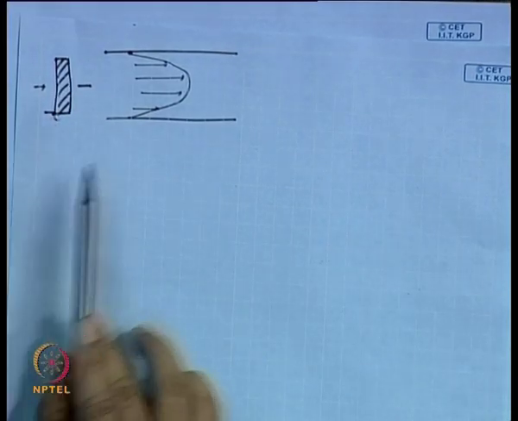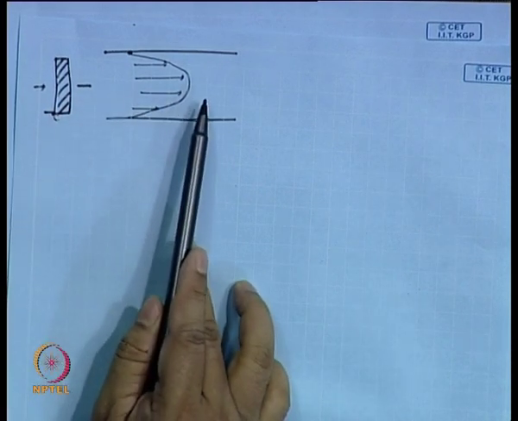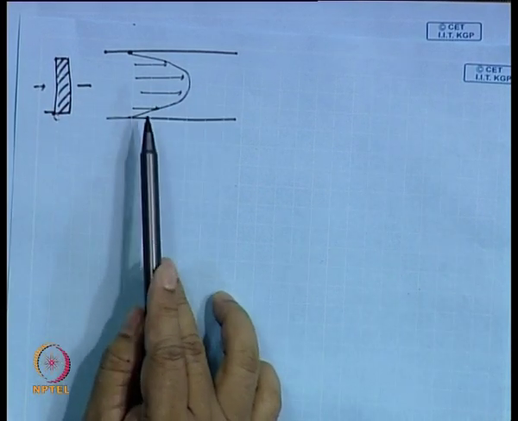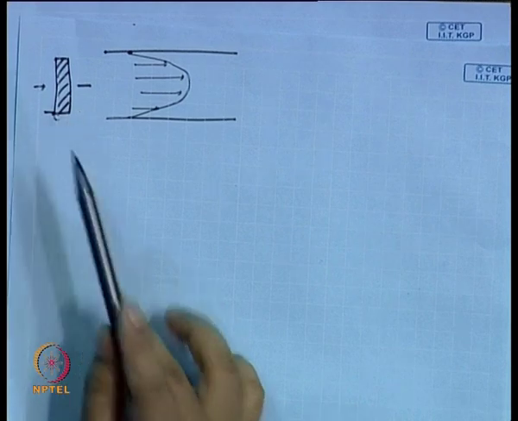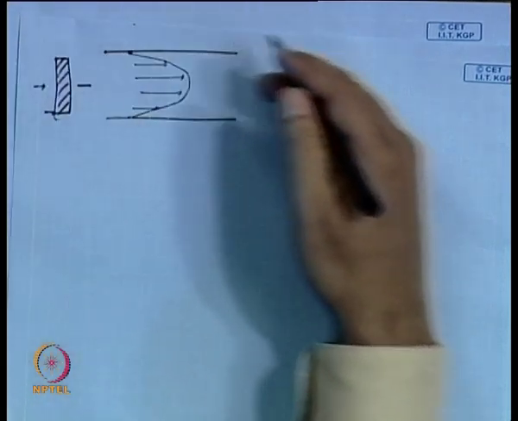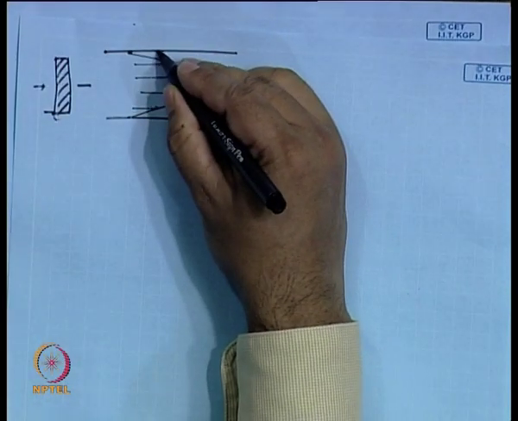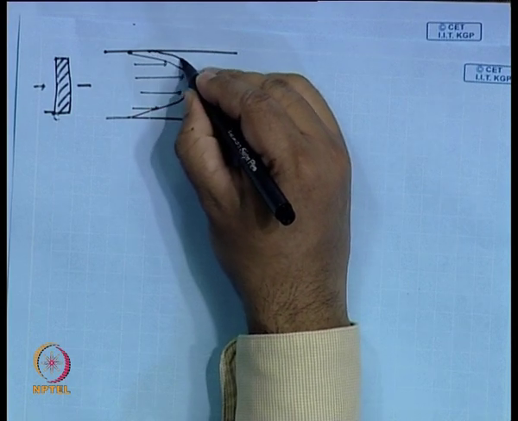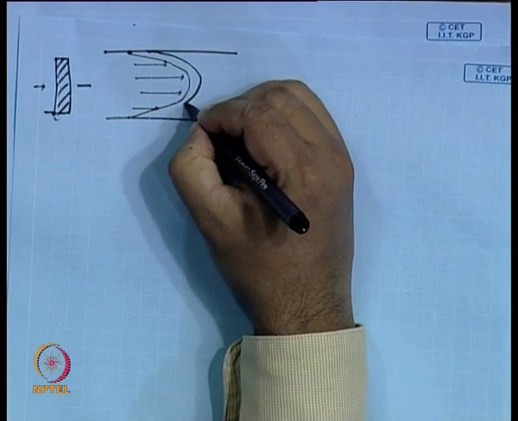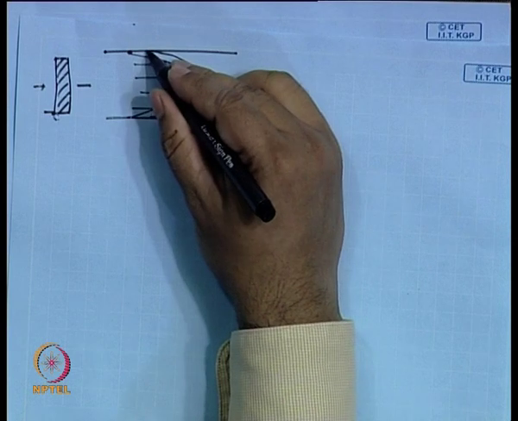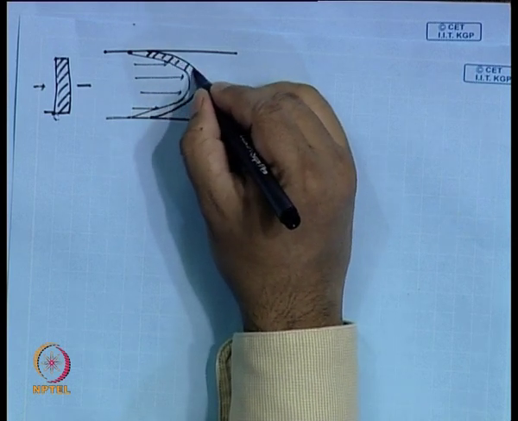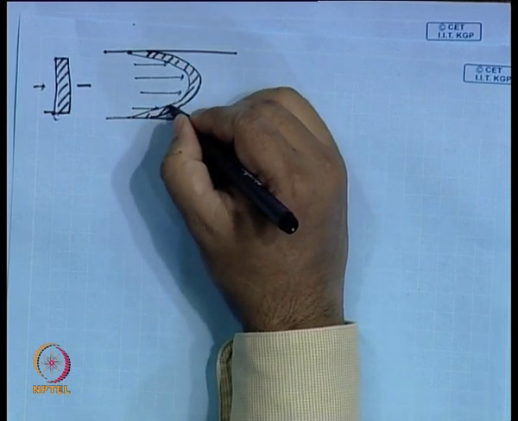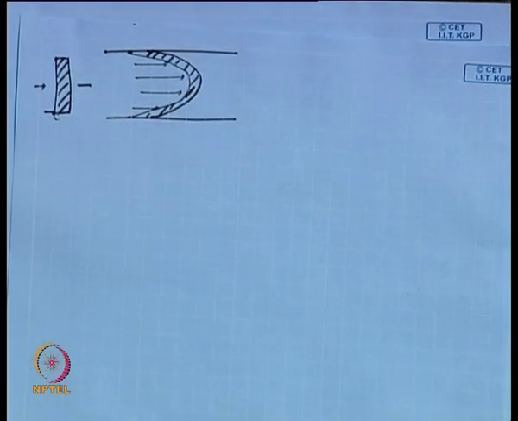So, now this flow as it goes through the tube, it has to take a parabolic shape. So, what would be the shape of this as it travels downstream? So, it will take a shape like this. Do you agree with this?